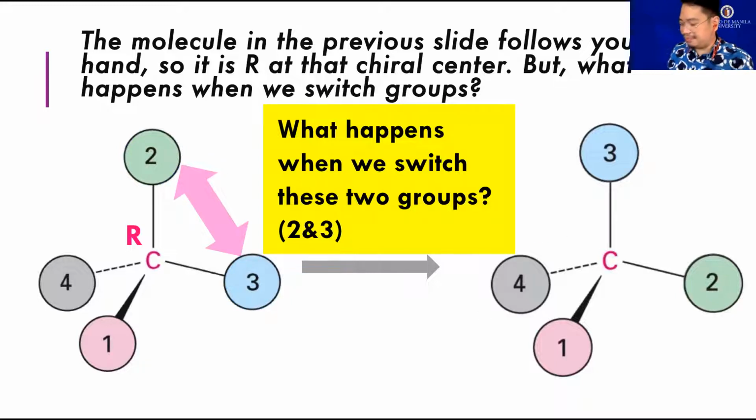If you open your hand flat, that's priority number 2. Then start to curl your fingers. It will go up first to 3 before going down to 1. So 2, 3, 1, 2, 3, 1. Right? So that's a left-handed molecule, or an S.